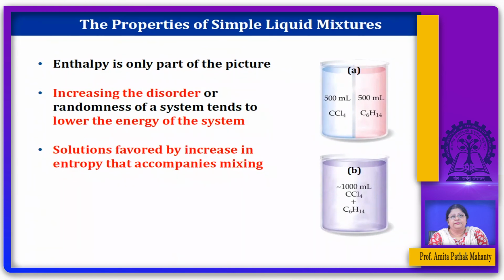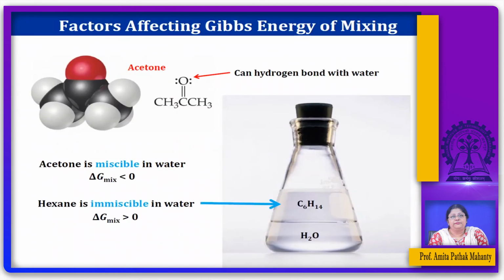That is the criterion for spontaneous change we have discussed. The entropy should always be going towards the maximum value. So the solution will be favored only if the entropy of mixing is increasing, right? This is also something you have known.